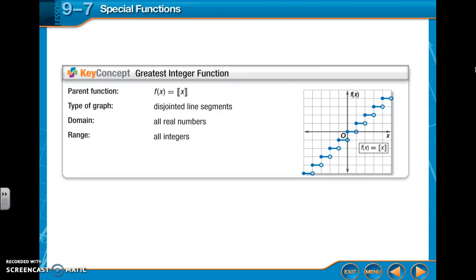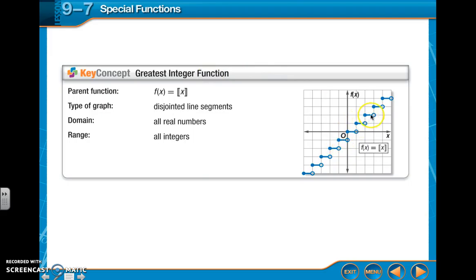The step function is created by what we call a greatest integer function, which is this right here, where you have the brackets around the x, and the brackets around the x indicate that we're looking for the greatest integer, which means that all of our decimal numbers end up turning into integer numbers while they're being graphed, which is exactly why we have what looks like steps over here.